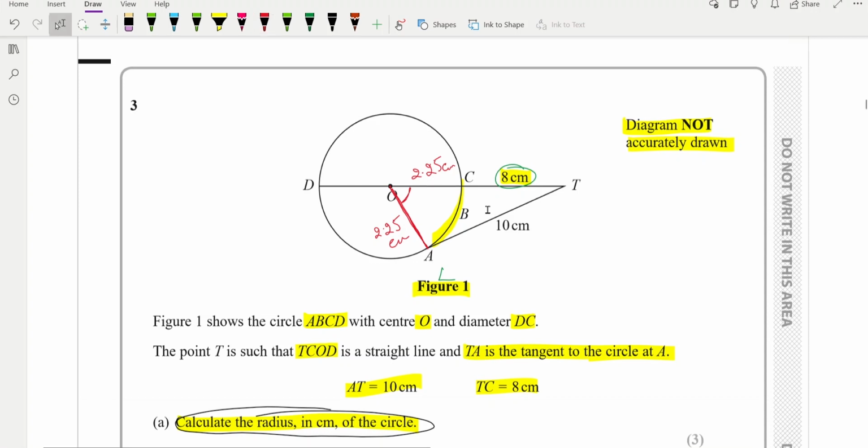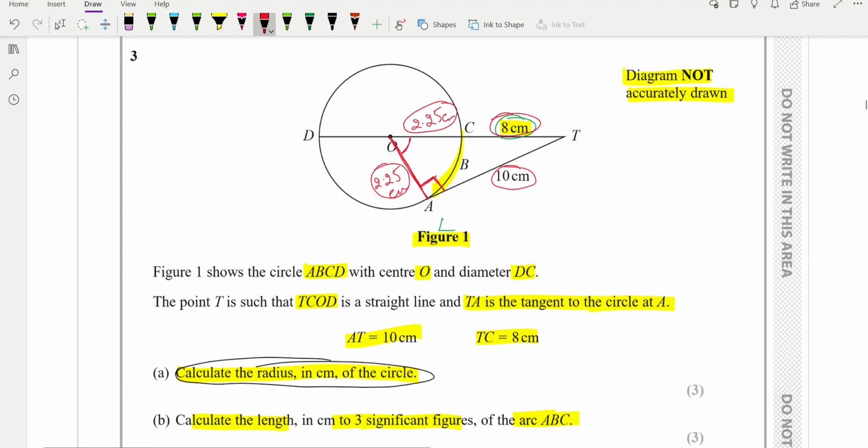We know this is a right angle, because this is tangent and radius. So tangent and radius are making a right angle. So we have OT, which will be this plus this, and we have this side also 10, and basically we have all 3 sides of the triangle. So we can use AT over OA, 10 over 2.25.